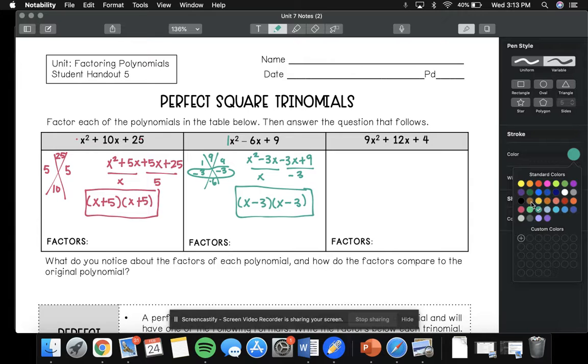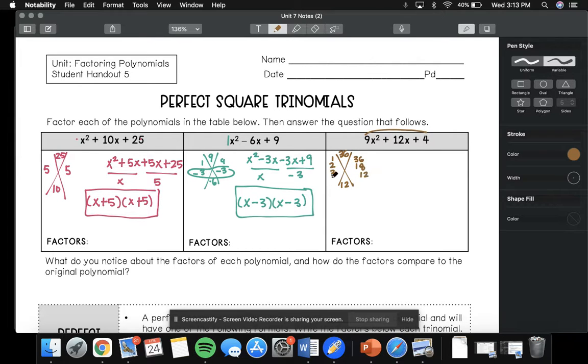All right. This last one does have an a value, so we're going to do 9 times 4, which is 36. And we have to figure out what multiplies to 36 and adds to 12. So we have 1 and 36, 2 and 18, 3 and 12, 4 and 9, and 6 and 6. So it looks like 6 and 6 is what multiplies to 36 and adds to 12.